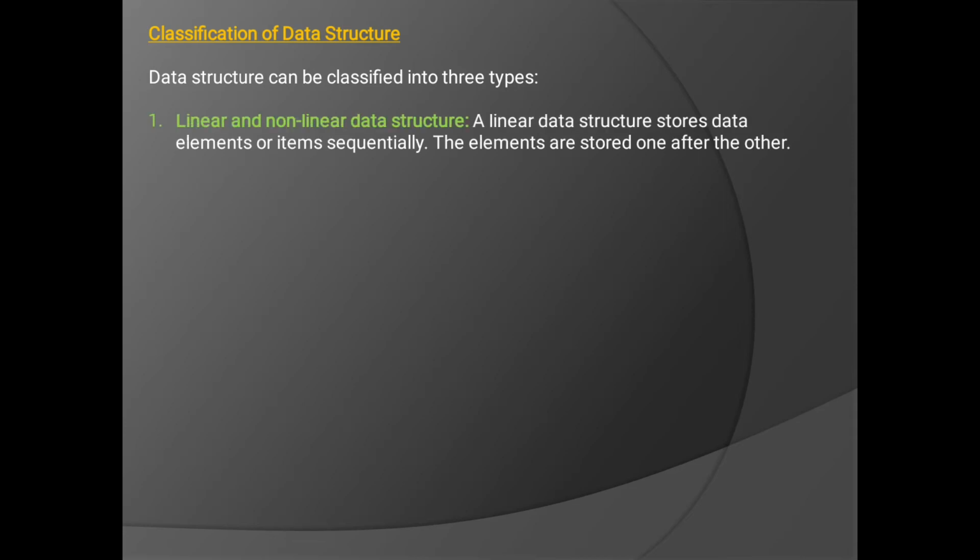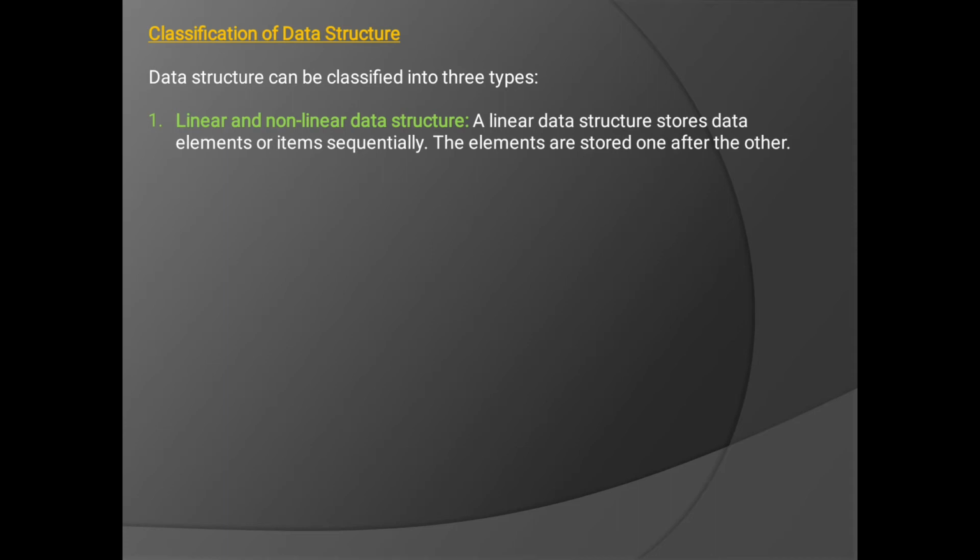Now next is the classification of data structure. Data structures can be classified into three types. So we shall see all those three types now. First one is linear and non-linear data structure. A linear data structure stores data elements or items sequentially.